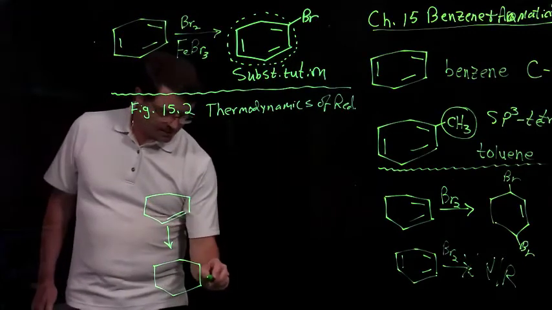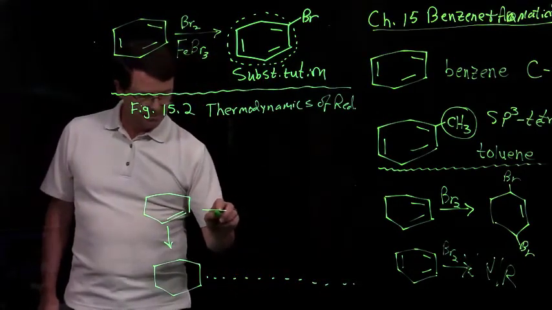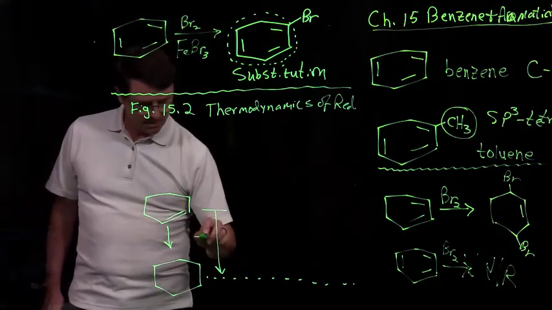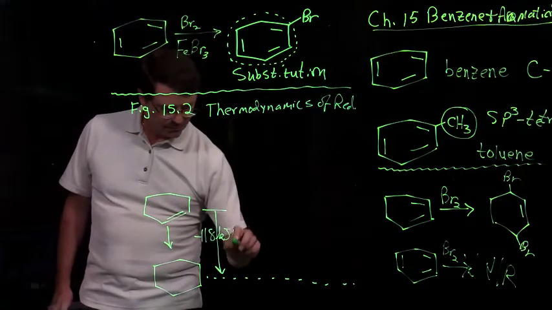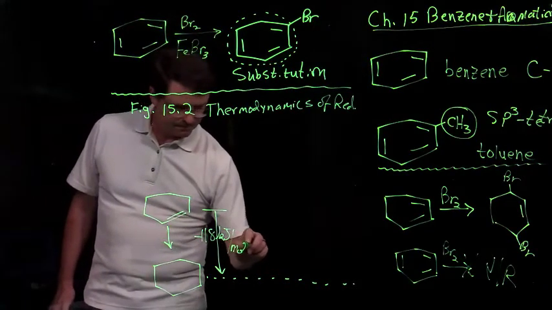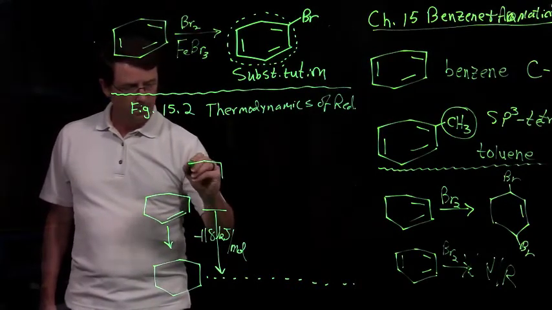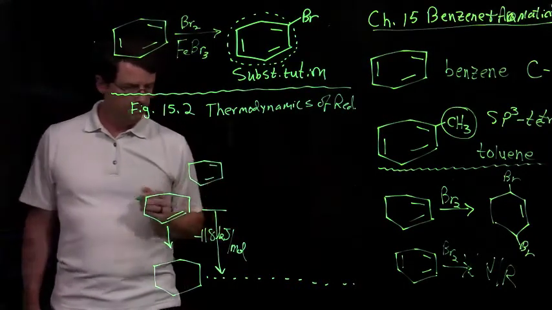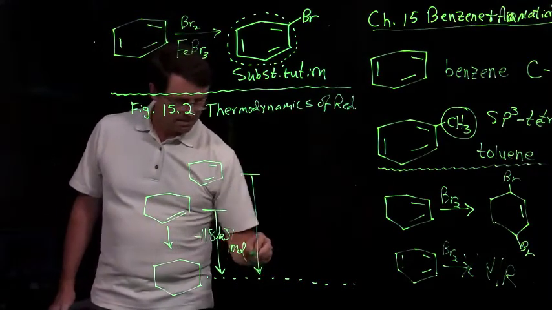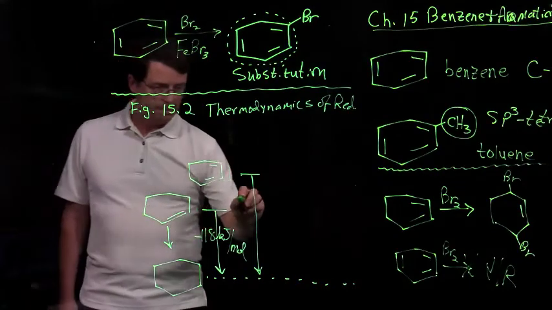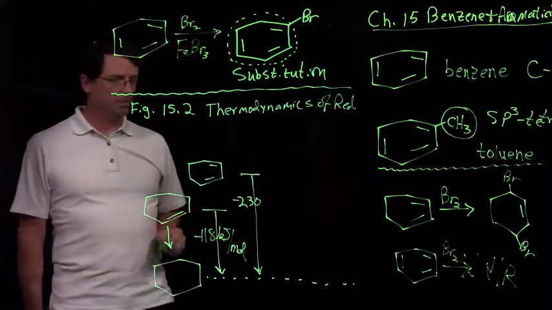And according to your textbook, this reduction releases about 118 kilojoules per mole. If we go to cyclohexadiene, there's almost twice, with a release of 230 kilojoules per mole.